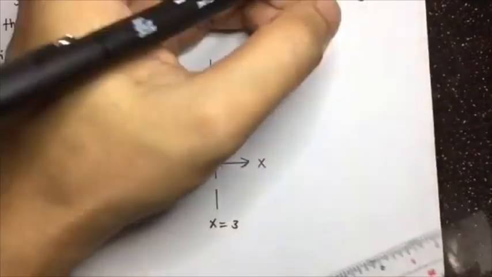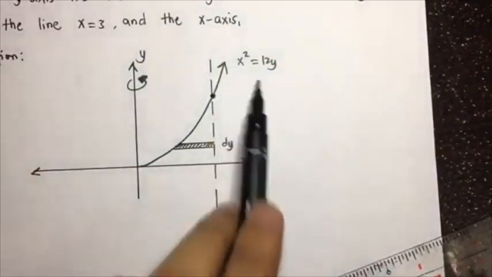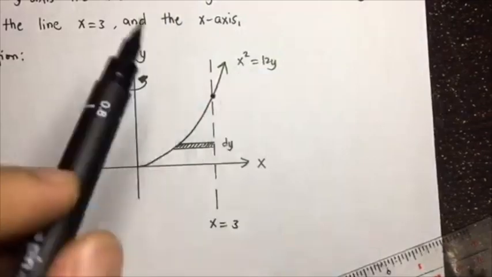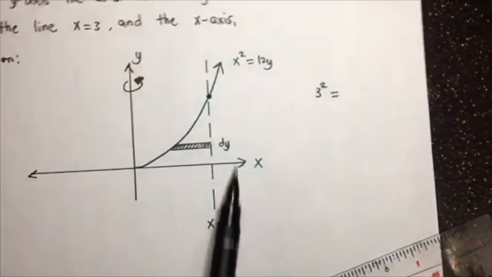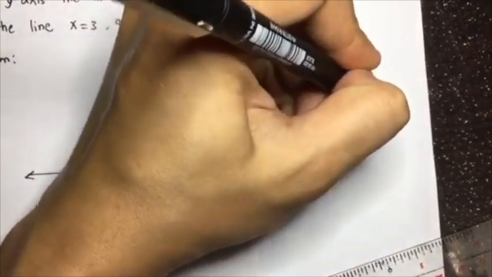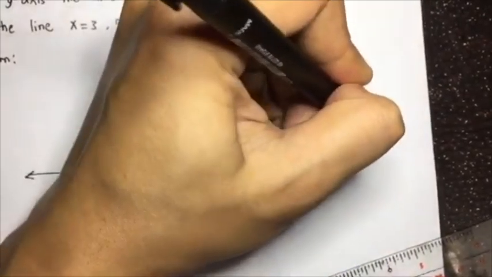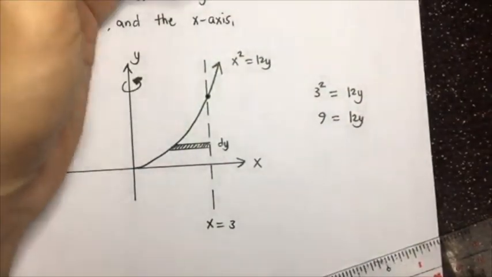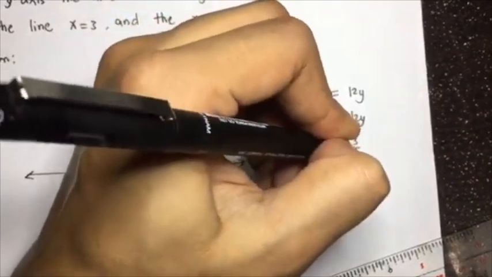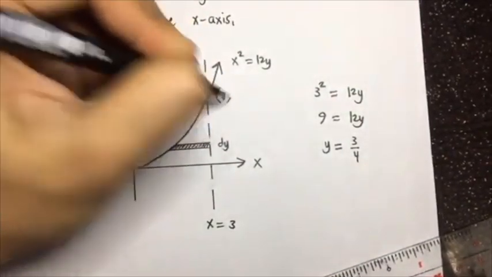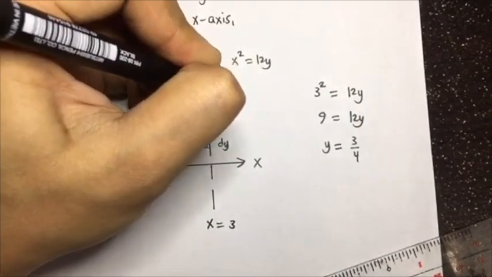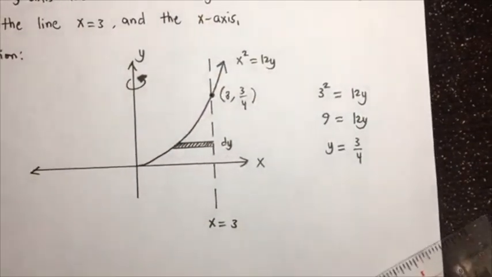All we need to do is substitute x is equal to 3. So 3 squared is equal to 12y, so 9 is equal to 12y. Dividing both sides by 12 and simplifying, y is equal to 3/4. So our point here must be 3 for x and 3/4 for y.